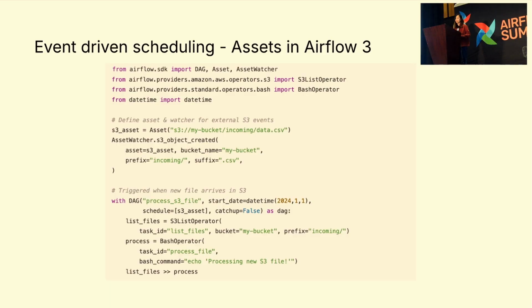And in the downstream DAG, you can see that the schedule is just pointing towards that asset. So now in Airflow 3, you have a variety of choices. You can still use the clock-based orchestrator, but you can also use the event orchestrator via the asset. And you can also use a combination of those two by using the asset or time scheduling.